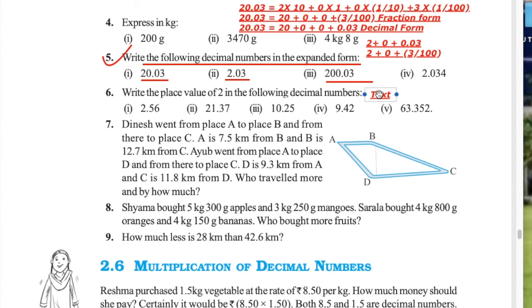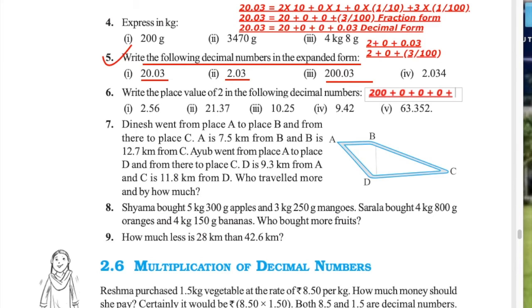So same here, you can write its expanded form. Its expanded form will be 2 multiplied by 100, 200, plus 0 multiplied by 10, 0, plus 0 multiplied by 1, 0, plus 0 multiplied by 1 by 10 because 0 is at tenth place, plus 3 multiplied by 1 by 100.